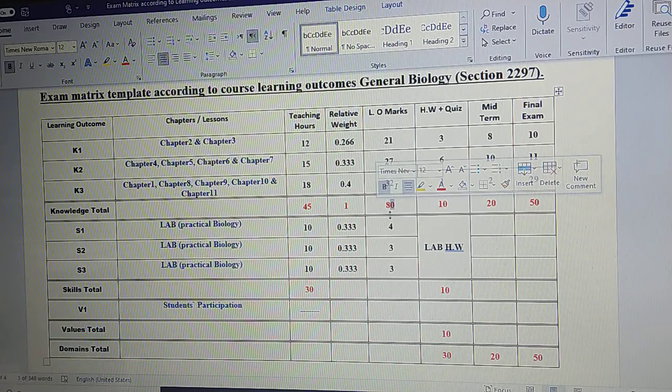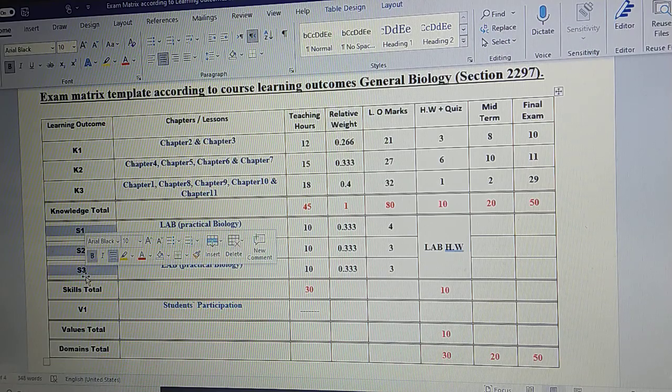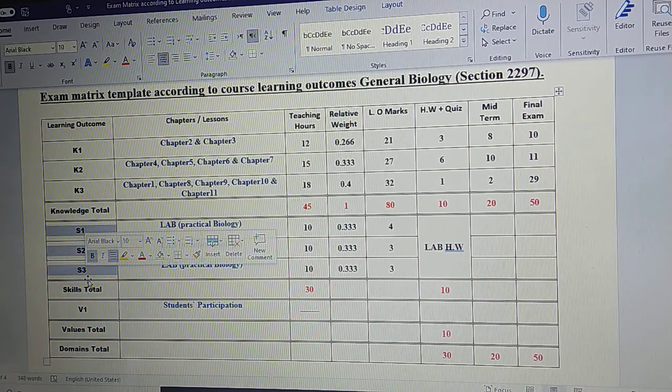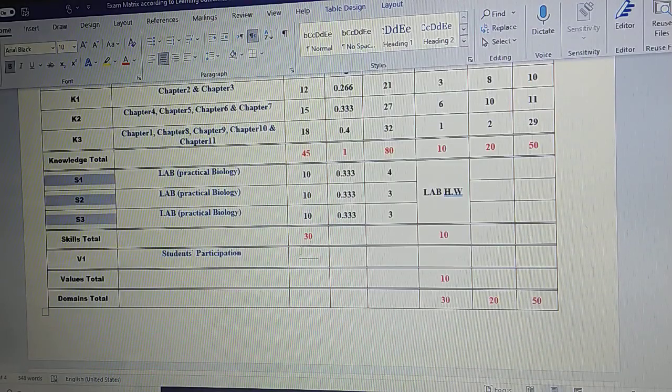What about the 20? 10 marks for the lab course, and this is represented by the course learning outcomes of skills, the skills that the students acquire through studying the lab course. Also the other 10 are for the values. We have values about teamwork and group work.